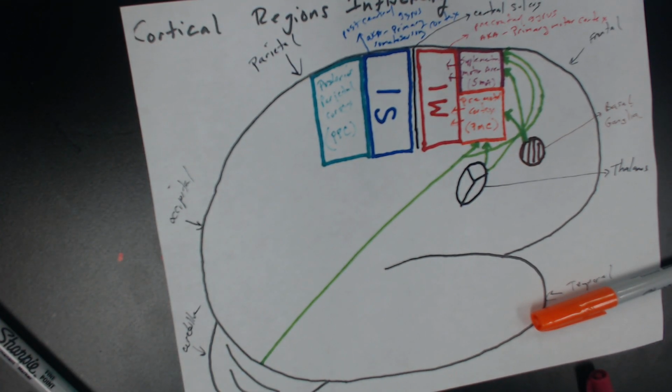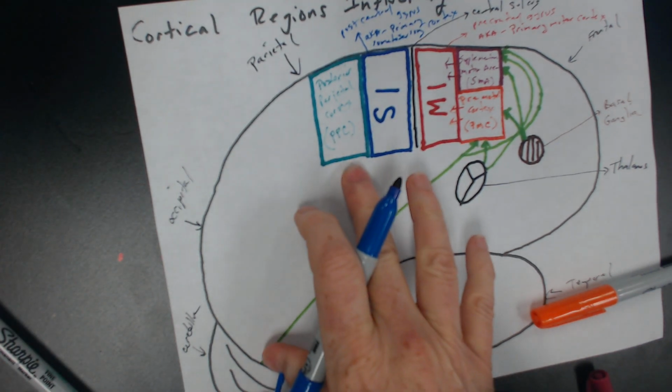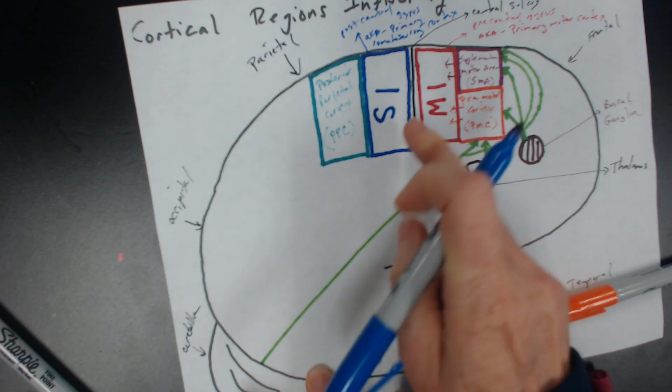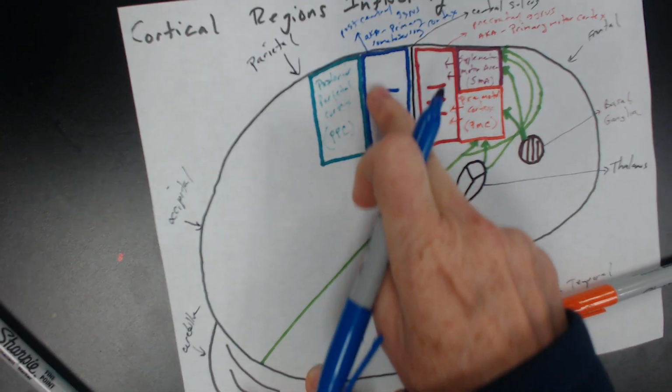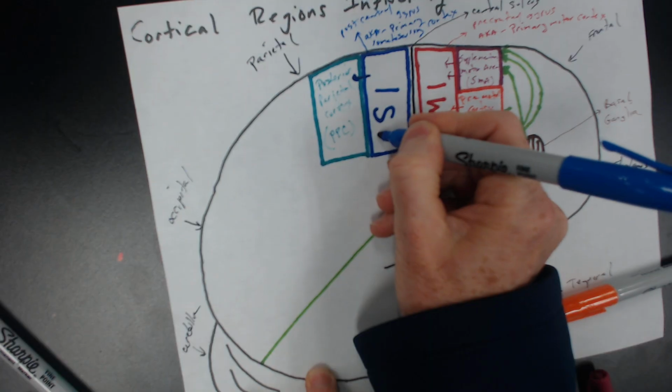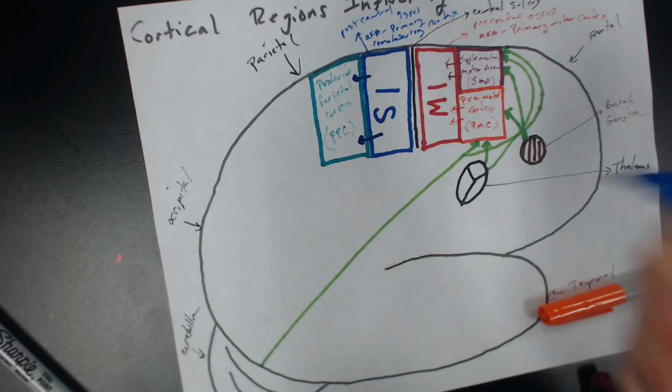I'll give an example about that one. So the posterior parietal cortex specifically receives information from S1. All somatosensory information that comes up into S1 is transferred over to the posterior parietal cortex to make sense of it.